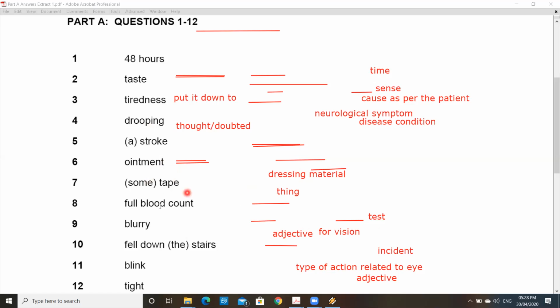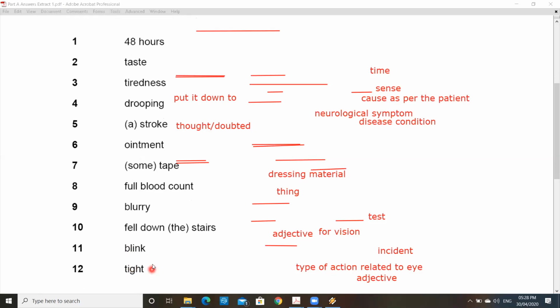The test that they had was full blood count, blurry, or if you have written blurred, that is also acceptable. Then the incident they had is they fell downstairs. Then they are unable to blink and the muscles feel tight. So does any one of you have any query here?